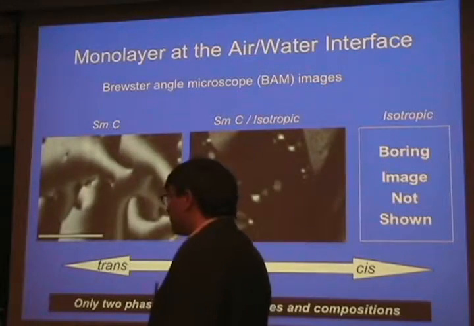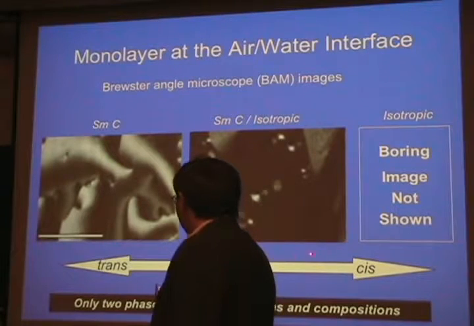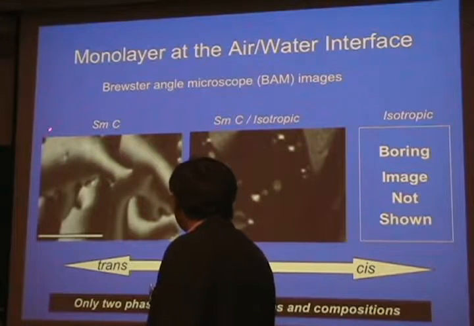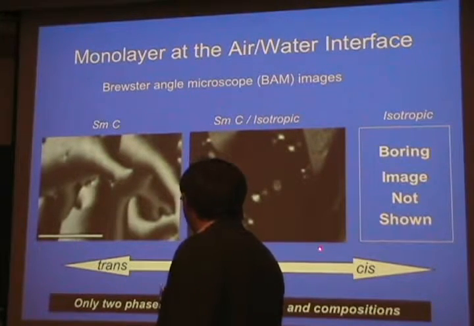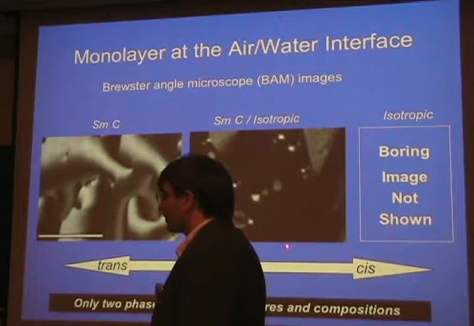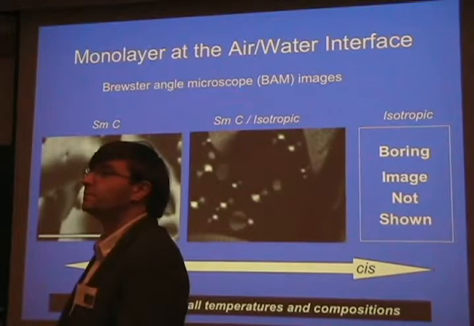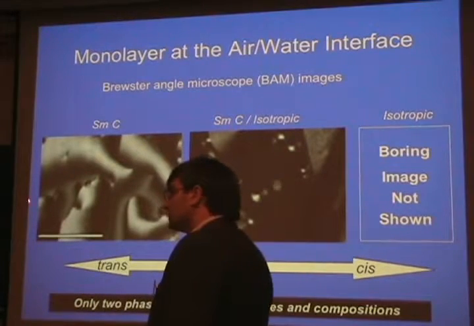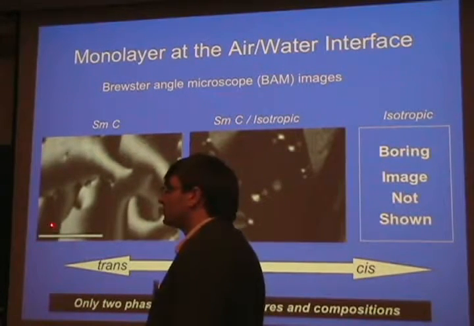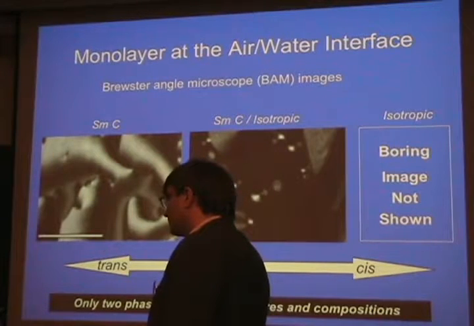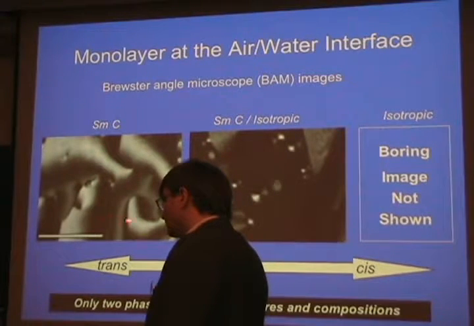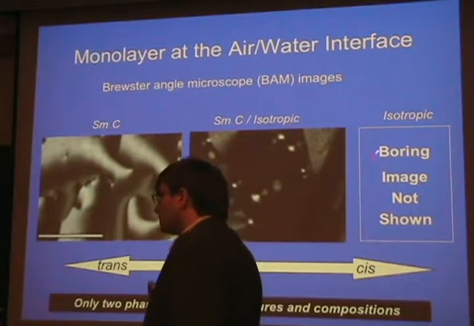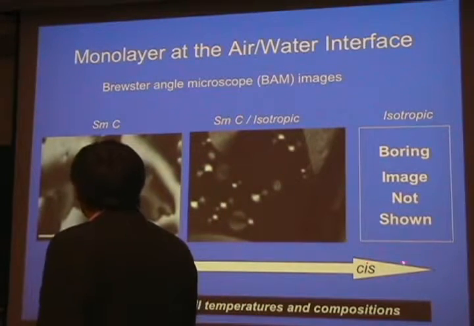And I will just mention that our collaborators have done quite a lot of work, and that's been published, looking at monolayers of these fatty acids at the air-water interface using Brewster angle microscopy. And while they see a phase that corresponds to the all-trans monolayer, which is a tilted symmetric C type phase, and a phase that's completely isotropic for the cis, and they see phase coexistence, that's all they see.